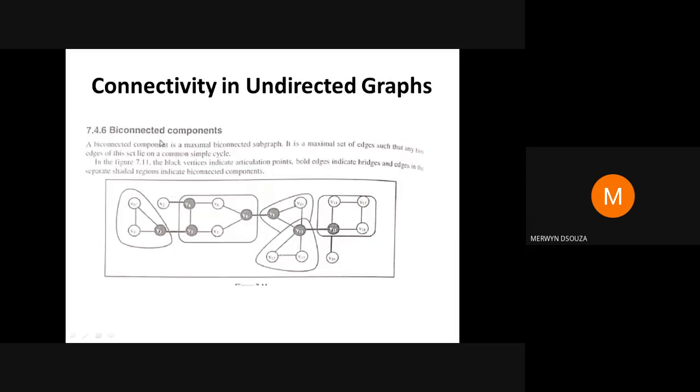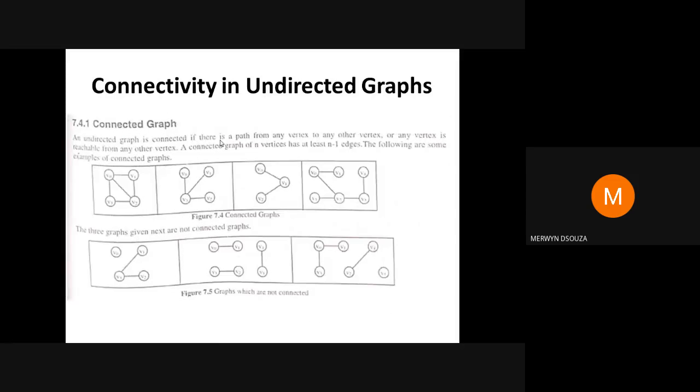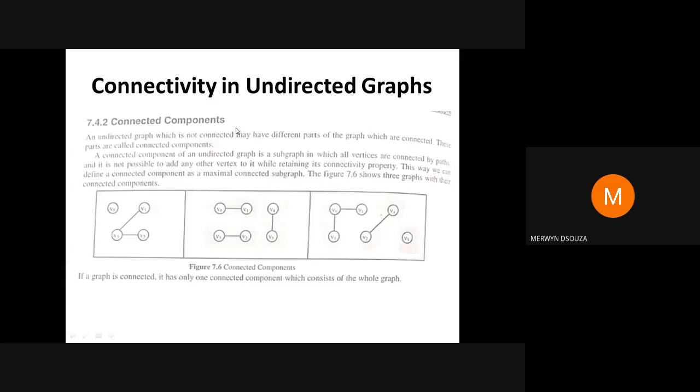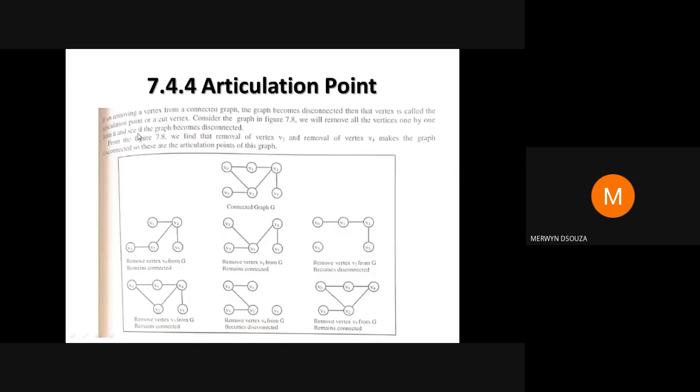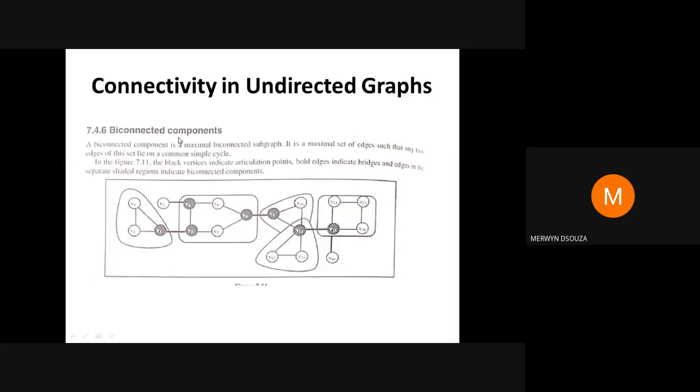So this is all about connectivity in undirected graphs. With respect to connectivity in undirected graphs, you have learned what is a connected graph, a connected component, what is a bridge, what is an articulation point, then what is a biconnected graph and what is a biconnected component. Before I proceed to connectivity in directed graphs, does anyone have any doubt?